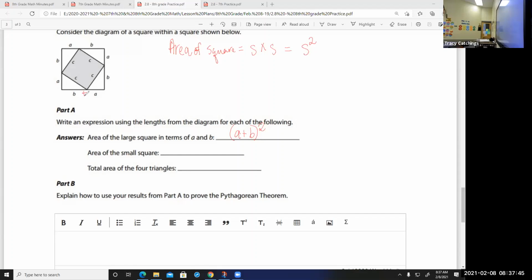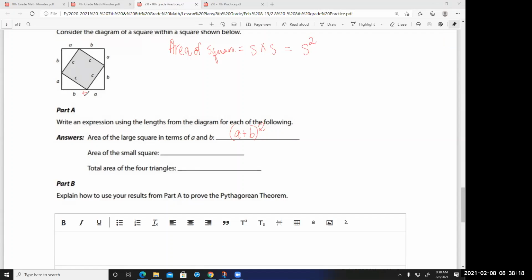And what you doing with C? Wouldn't it be C squared?